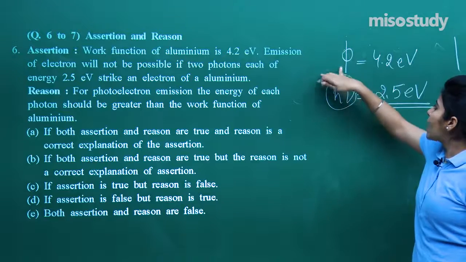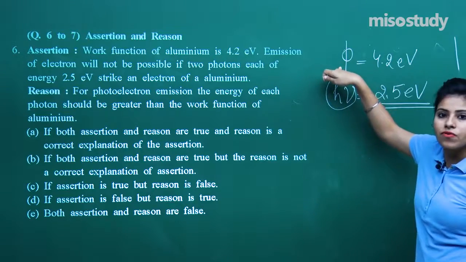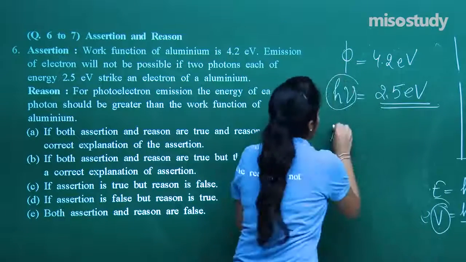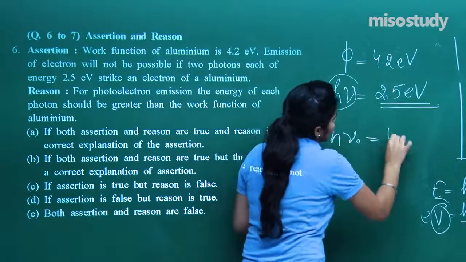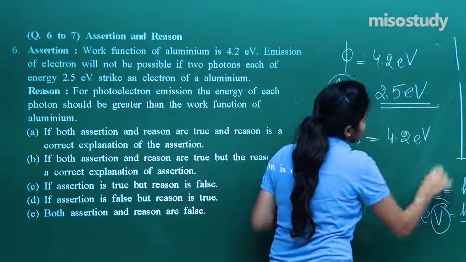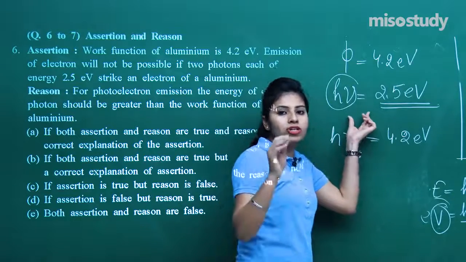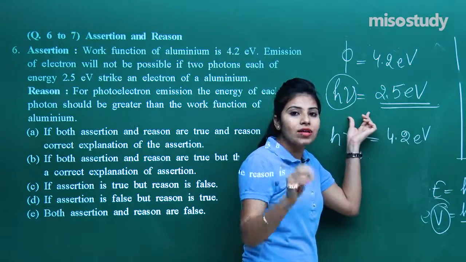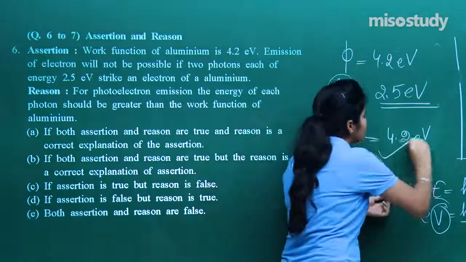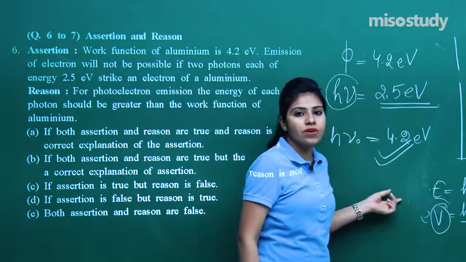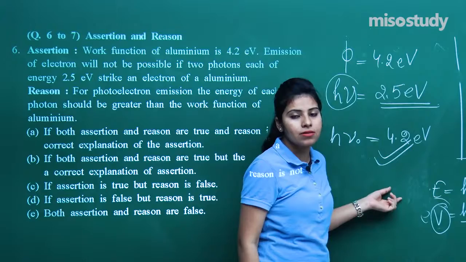Now let me say that this work function can be written as h nu naught. This is 4.2 electron volt. So that means the energy of the incident radiation should be greater than this work function if you want photoelectron emission to take place.